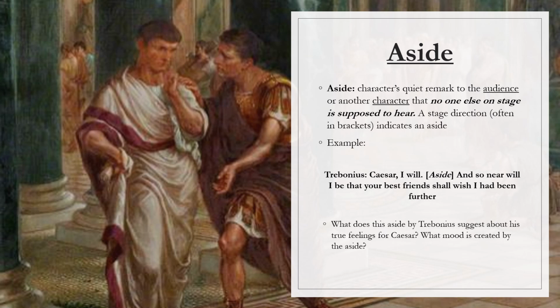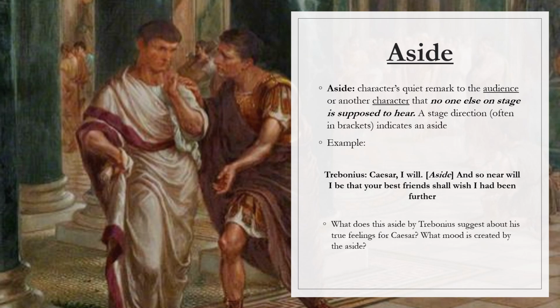And so here we need to ask ourselves, right? It's not just important that we know what an aside is, what a soliloquy is, what a monologue is. I need to understand why this specific device. What's the benefit of using that? And so here I can ask myself, what does this aside by Trebonius suggest about his true feelings for Caesar?